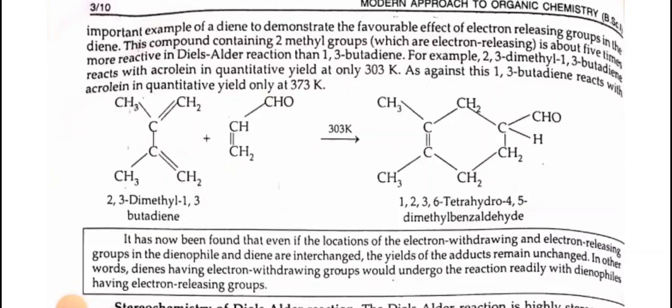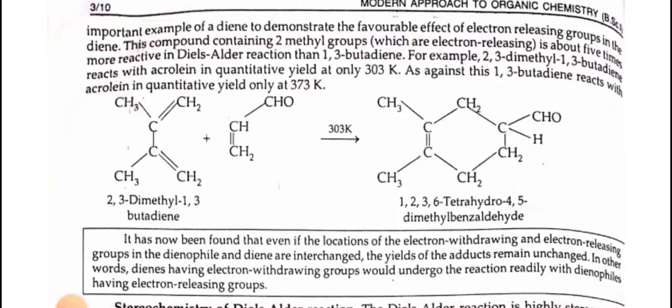This compound, containing two methyl groups which are electron releasing, is about 5 times more reactive in Diels-Alder reaction than 1,3-butadiene. For example, 2,3-dimethyl-1,3-butadiene reacts with acrolein in quantitative yield at only 303 Kelvin. In contrast, 1,3-butadiene reacts with acrolein in quantitative yield only at 373 Kelvin.